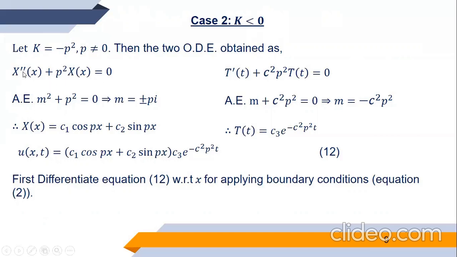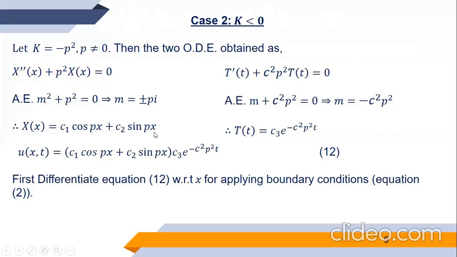So the auxiliary equation is m square plus p square is 0. Therefore we write m is equal to plus or minus pi, so complex roots, and for complex roots we write X of x is equal to c1 cos px plus c2 sin px, because here the real part is 0 and only the imaginary part is p.